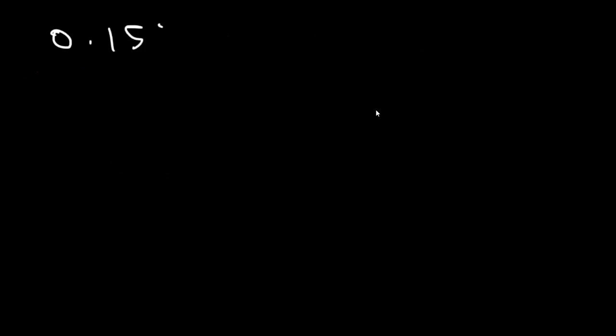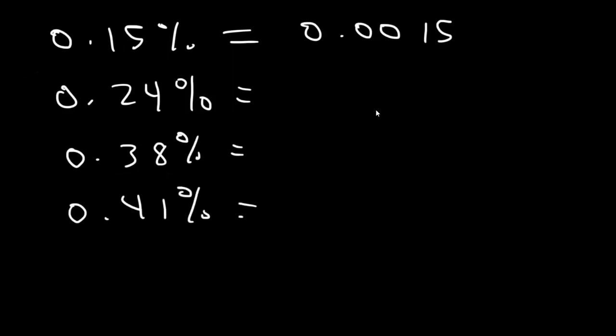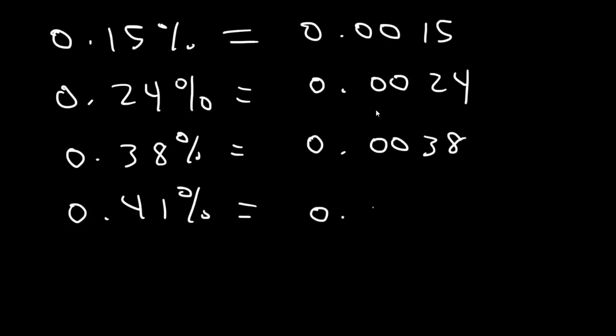So if 0.15% is 0.0015, then go ahead and convert these values. 0.24%, 0.38%, and 0.41%. So if 0.15% is 0.0015, then 0.24% must be 0.0024. 0.38% has to be 0.0038, and the last one, 0.0041.